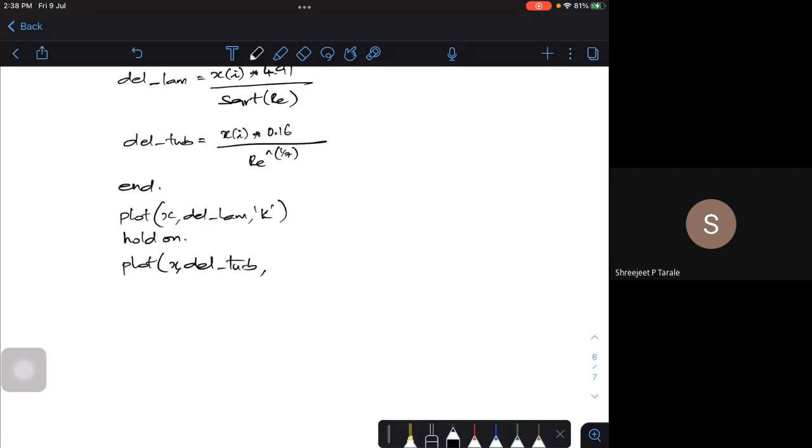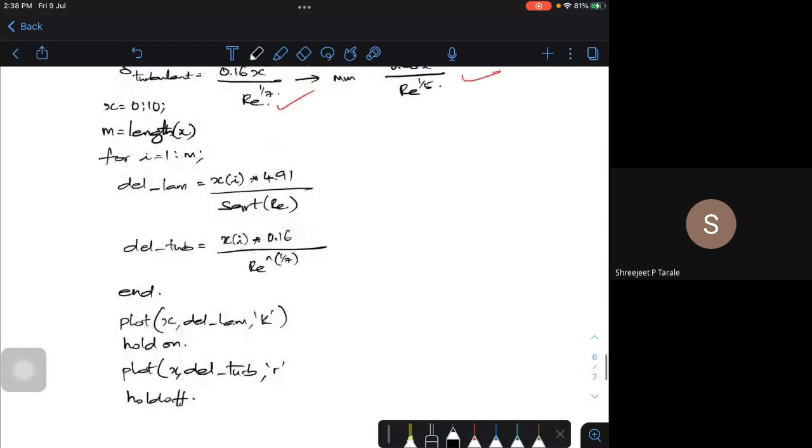Maybe I can use a red color or a green color, whatever it may be. Then I can put hold off. And if you want, you can use xlabel and ylabel, xlabel as meters, ylabel as the deltas. That is the comparison of the growths we are trying to do, the comparison of the deltas, how the boundary layer is growing.